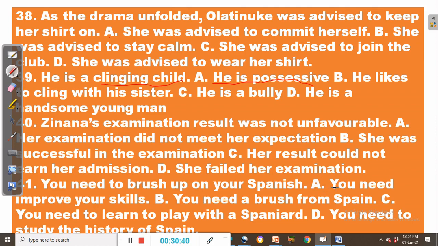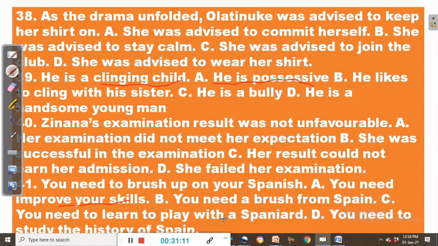You need to brush up on your Spanish. What does it really mean? A, you need to improve your skills. Obviously, that is what it means. You know, you need to improve. Well, let's look at other options to see if there's anyone that will be more obvious an answer than this. B, you need a brush from Spain. That is not it at all. All right. C, you need to learn to play with a Spaniard.